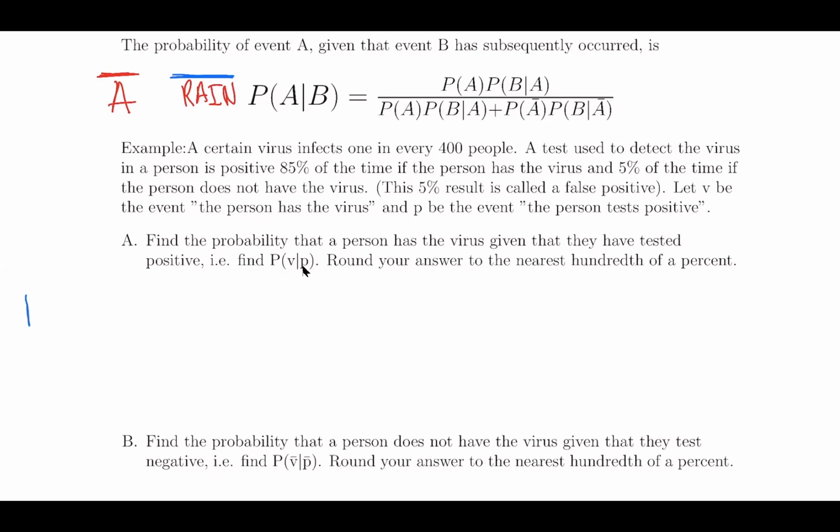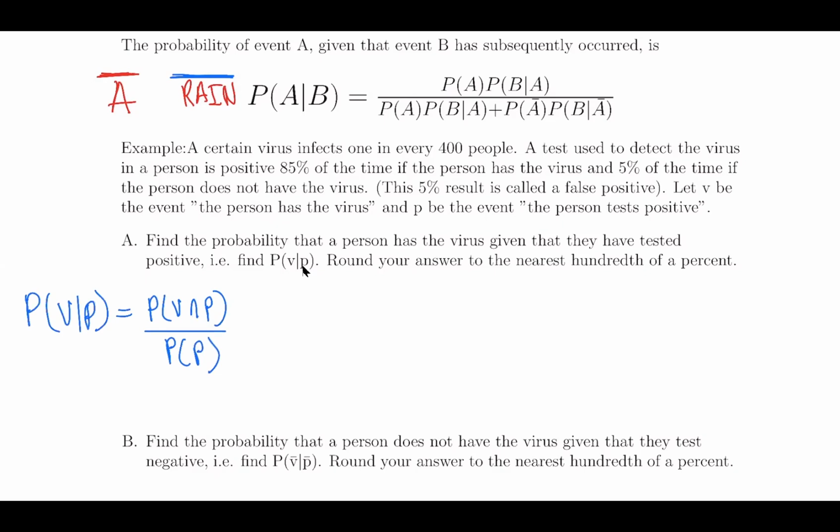Going back to last lecture, if you remember, conditional probability says we get the probability of V and P, and you divide it by the probability of the given, which is the probability of P. So that's what we're going to find right now.